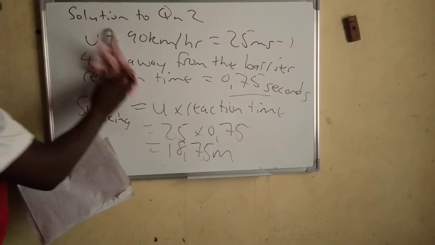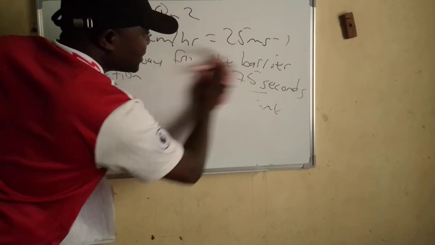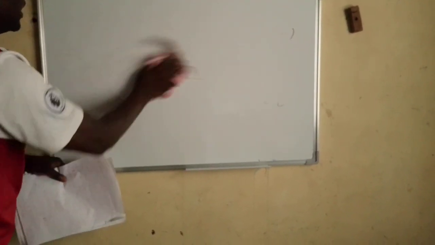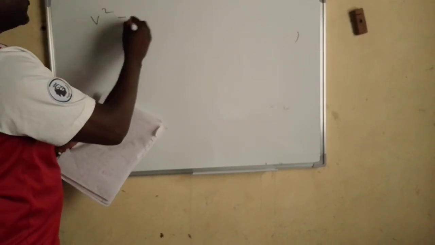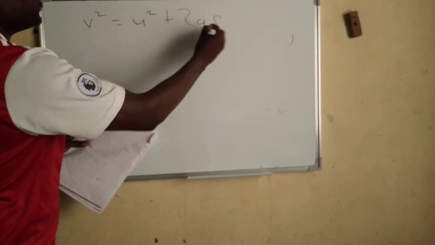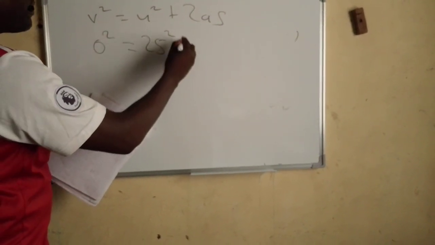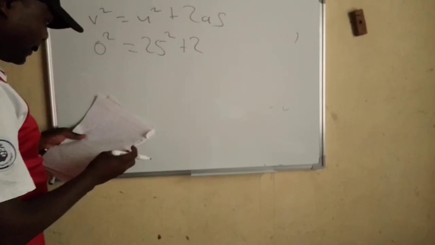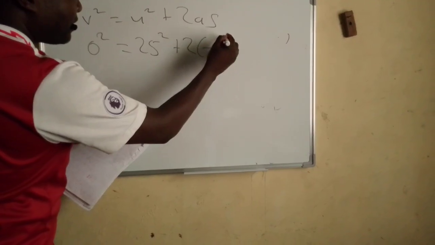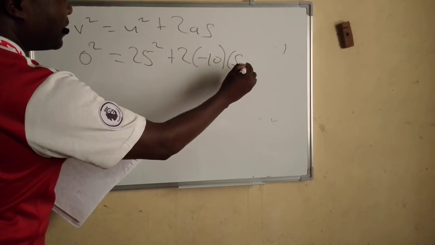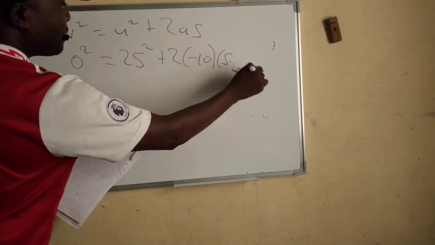So after having decided to apply brakes, we are going to apply what is called the braking distance. We apply v squared is equal to u squared plus 2as. The final speed should be 0, the initial was 25, and the deceleration is 10, so the acceleration is minus 10.